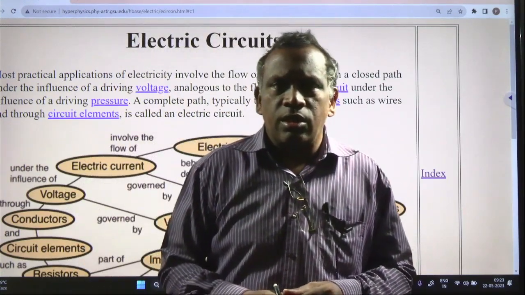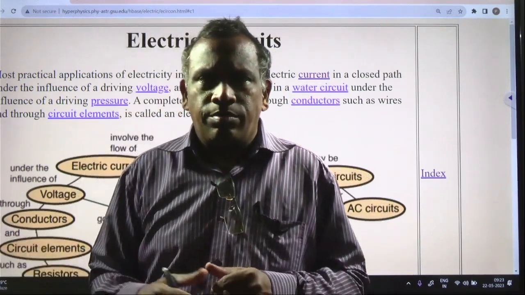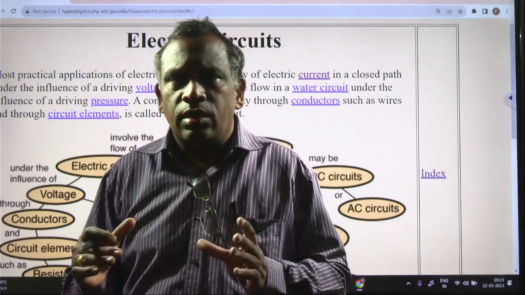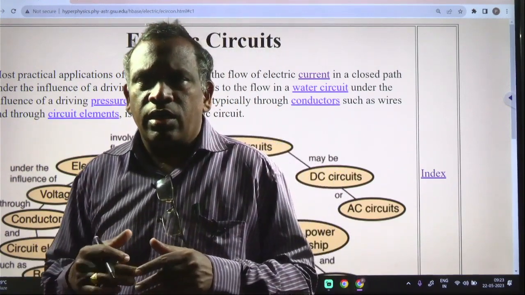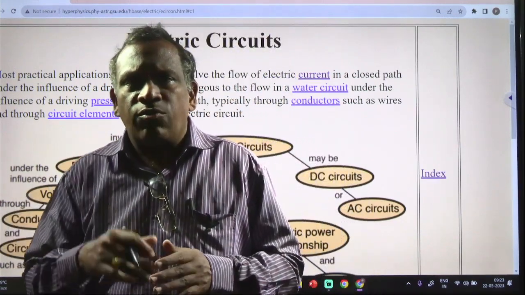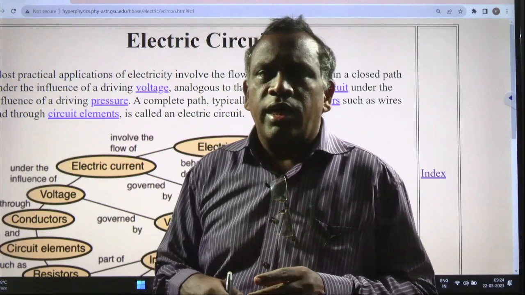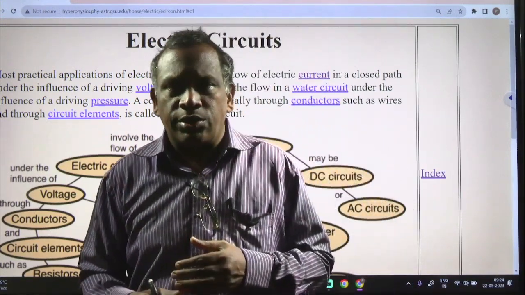An open circuit is one where, even if the battery is connected, the circuit is open, so the current is not flowing throughout the circuit. It is not at all closed. Such circuits are open circuits.